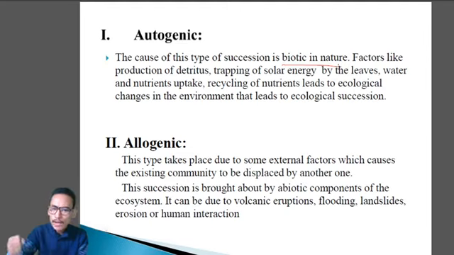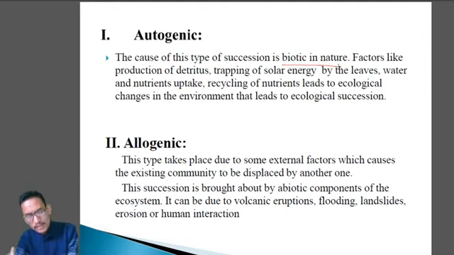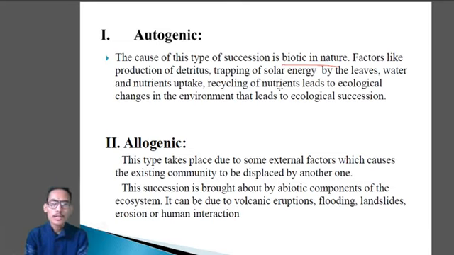These are all biotic factors which lead to the modification in the environment, leading to the replacement of one community by another community, that leads to ecological succession. So in autogenic succession, one community is replaced by another due to the change in environmental conditions by the living organisms, and it's always driven by the biotic factor.